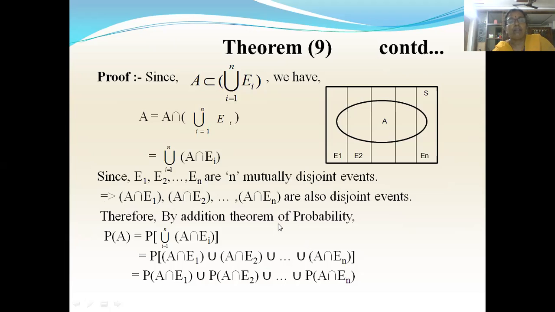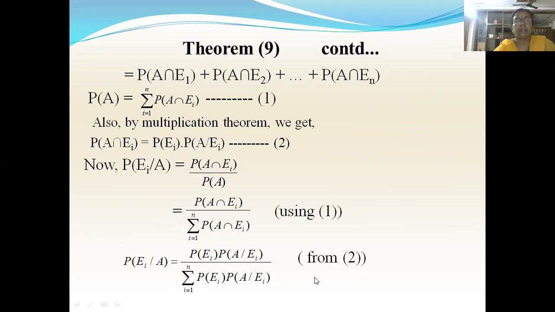So by the addition theorem of probability, when I take probability on both sides, I'll get P(A) = P(A ∩ E1 ∪ A ∩ E2 ∪ A ∩ En). When I'm taking probability inside, P(A ∩ E1) + P(A ∩ E2) + P(A ∩ En), because it is a union and they are disjoint events, so there will be no intersection common terms in these events.